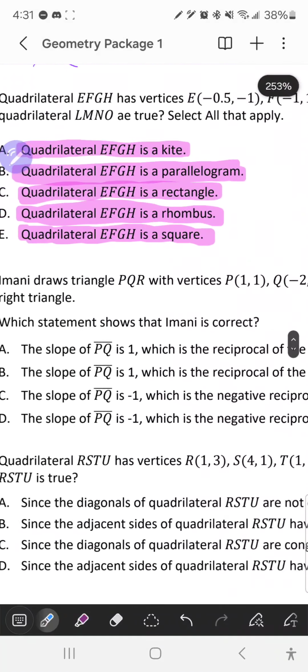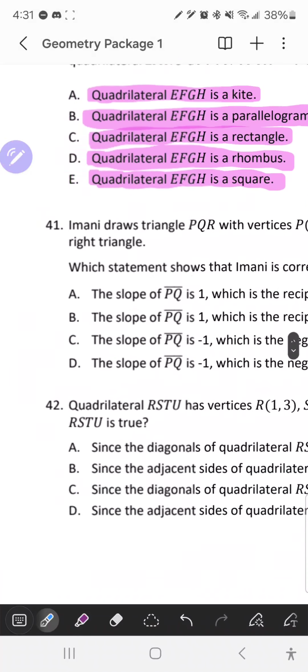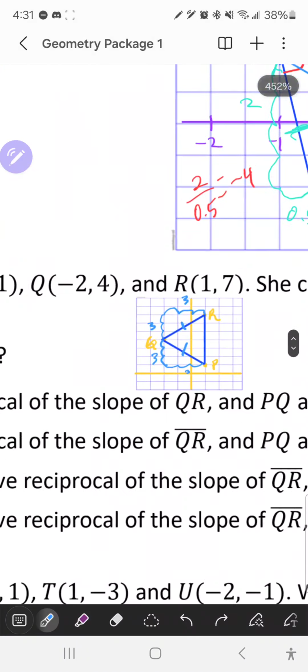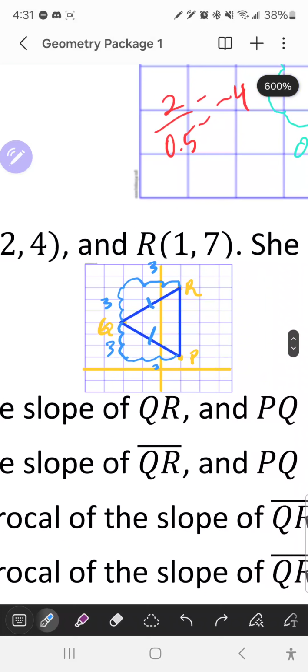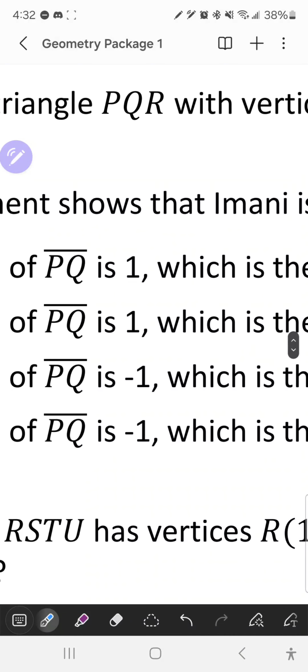Now, the slope of PQ. Let's calculate the slope of PQ. It's going to be rise over run, which is 3 over 3, which is 1. Now, it is going down. Since it is going down, its slope must be negative, so it is negative 1.